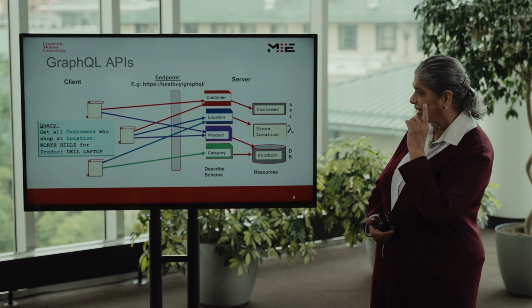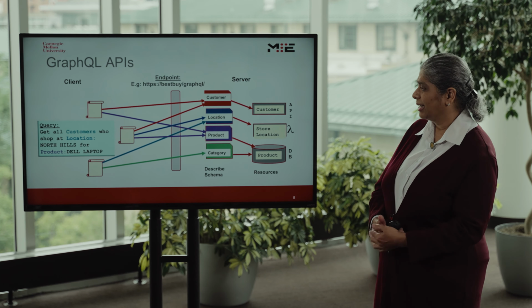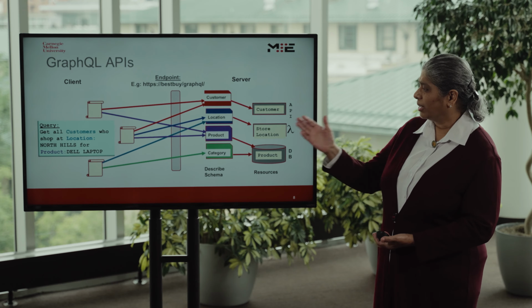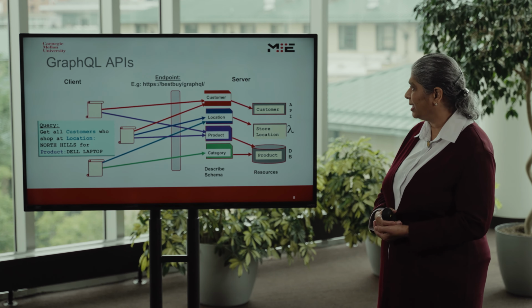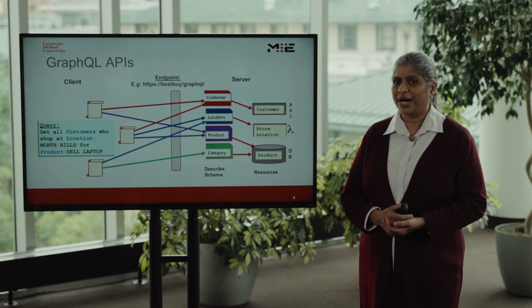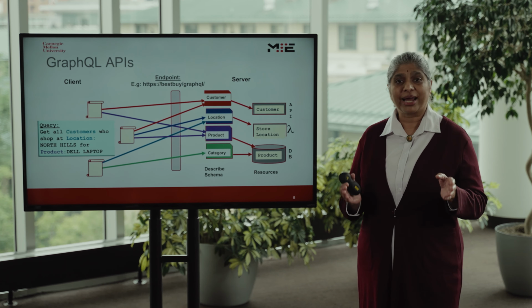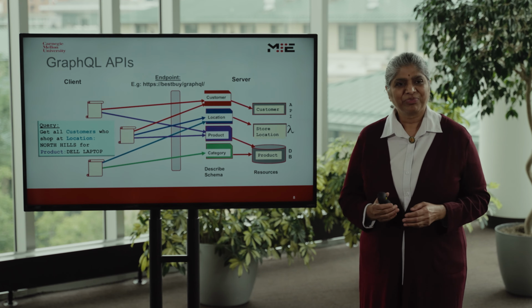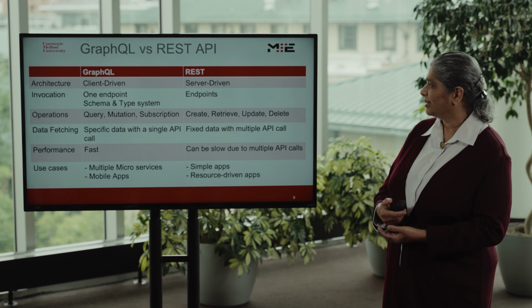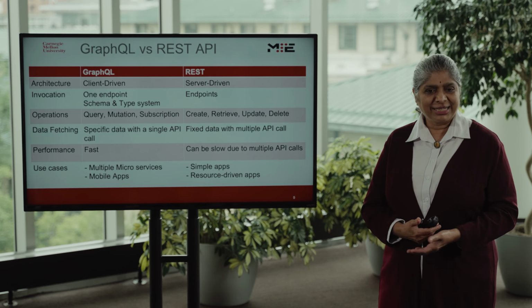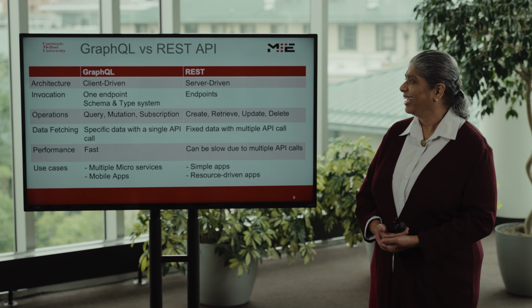You can see that this query spans across three different databases or APIs, which are provided at the server end. But you can retrieve the required information by just making one API call. Isn't that wonderful?